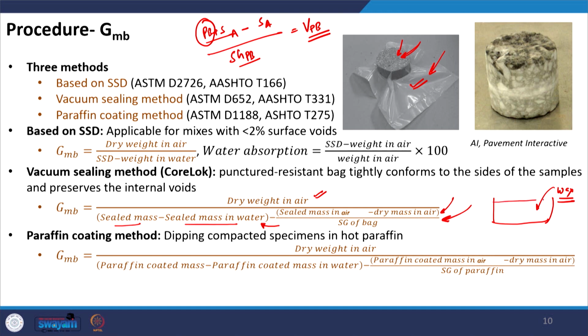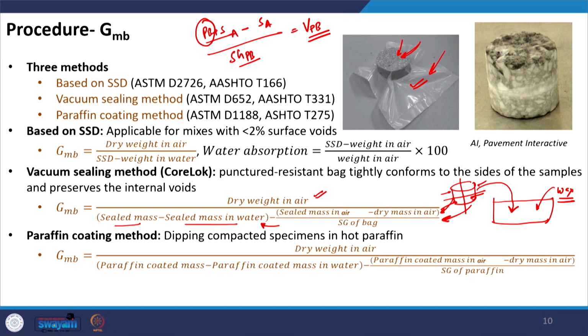We take the compacted mixture, typically one having surface voids of more than 2%, and dip it into the wax bath, alright. If we are holding the sample from the top, first we can dip half of the sample, then rotate it and dip the other half, and we can also dip it from this side and that side, so that a complete coating of the sample is done.